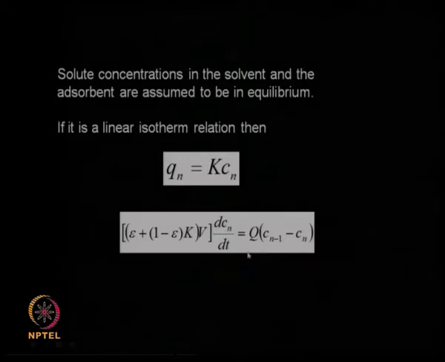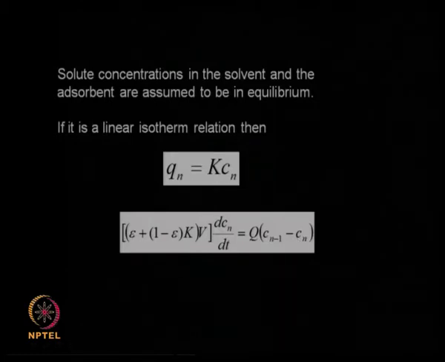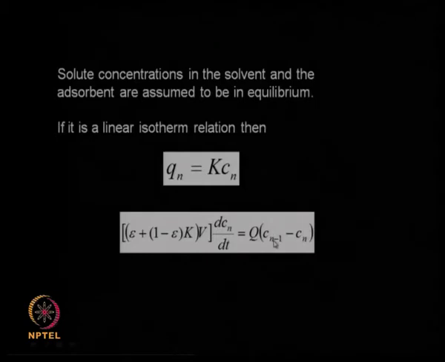Now, this is called a differential difference equation, because I can have many equations like this, one for each of the stages. So, stage 1, stage 2, stage 3, stage 4. Inside stage 1 this will be C1 and this will be the feed concentration. Inside stage 2 this will be C2, and this will become C1.